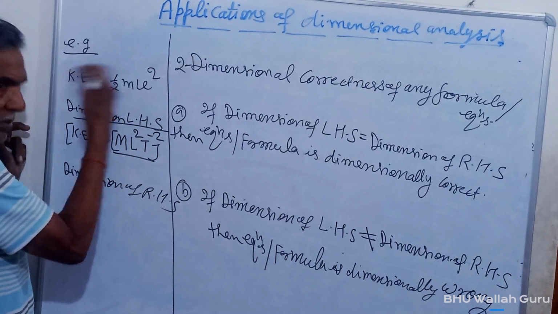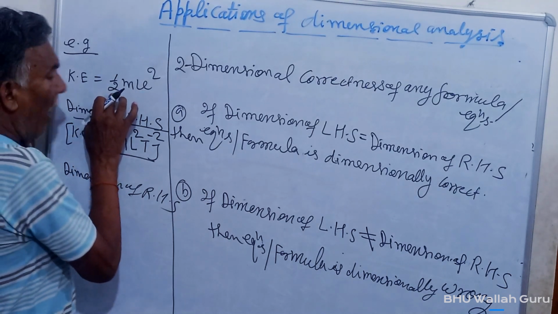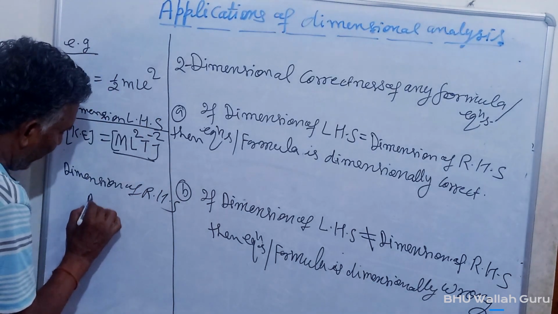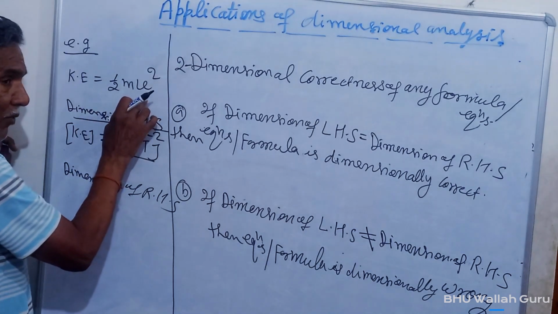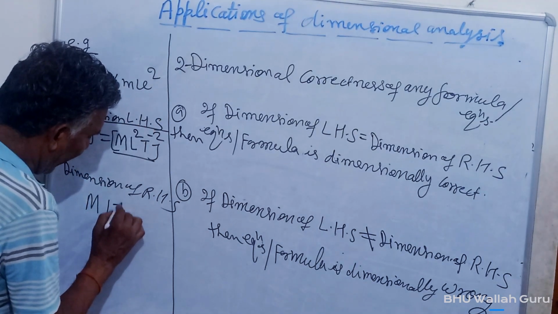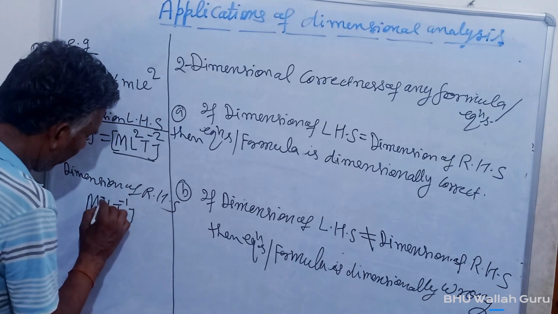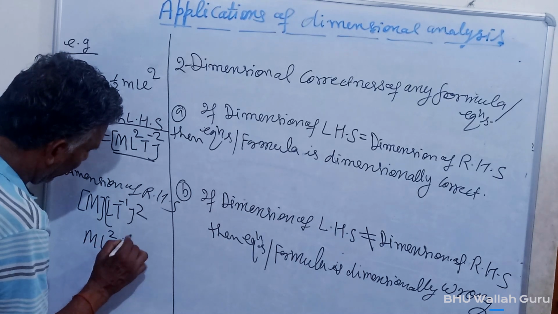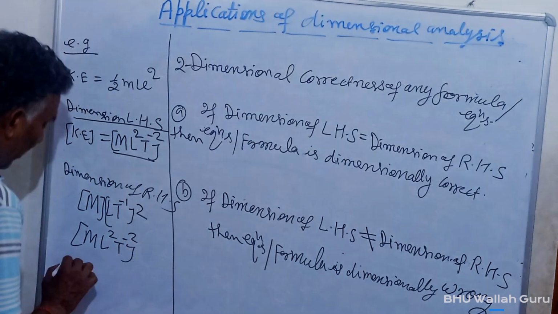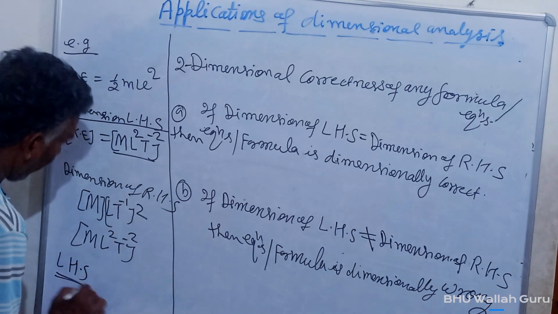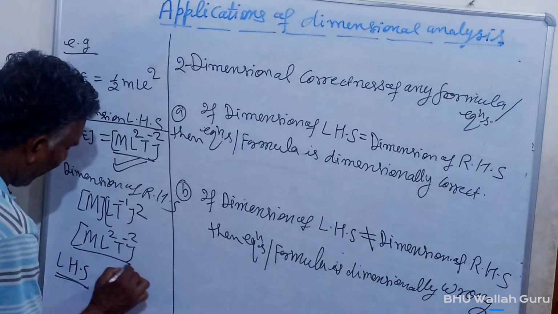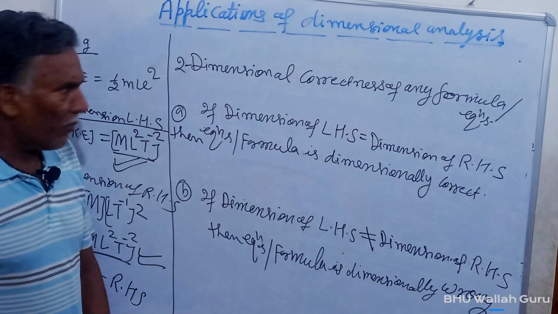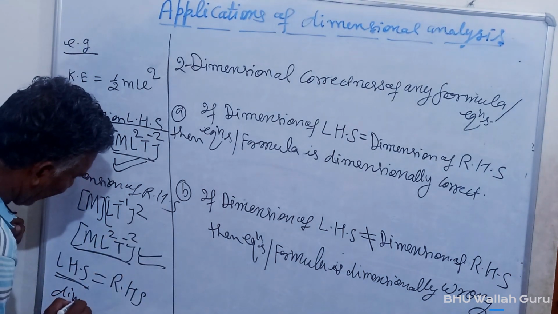Half is a number, having no dimension. The dimension of mass is M, the dimension of velocity is L T to the power minus 1, squared. So M L squared T to the power minus 2. Here the dimension of LHS is equal to the dimension of RHS. So the formula is dimensionally correct.